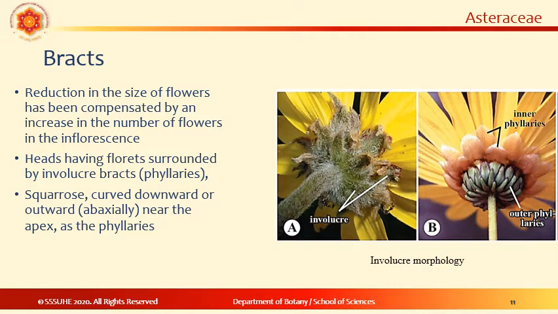So the reduction in the size of the flowers is compensated by the increase in the number of flowers by having an inflorescence. The heads have florets which are surrounded by these bracts. Involucre means membrane. So these are a group of bracts enveloping a condensed inflorescence.